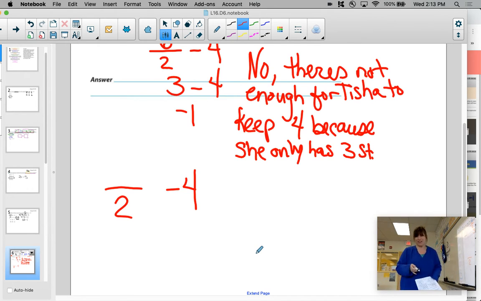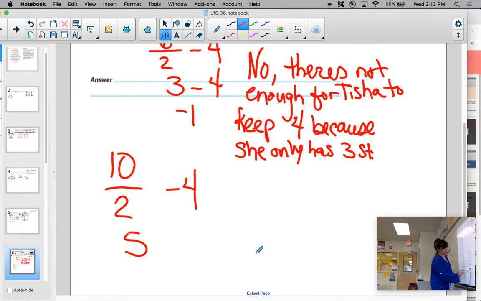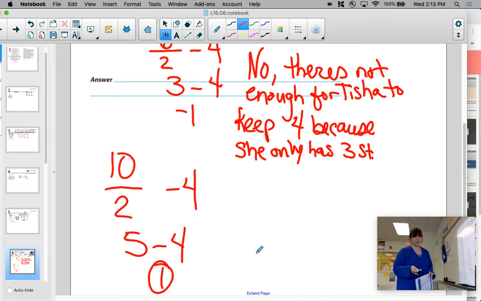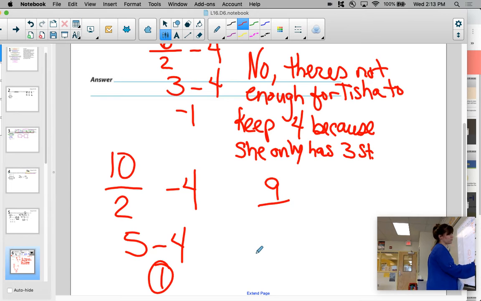The problem with that is that you can't split an odd number in half, but if you had 10 strawberries, you could get that 5 after splitting it in half, then giving you 1 left over. That's the bare minimum. So you can't split 9 strawberries in half. That's what I was referring to before.